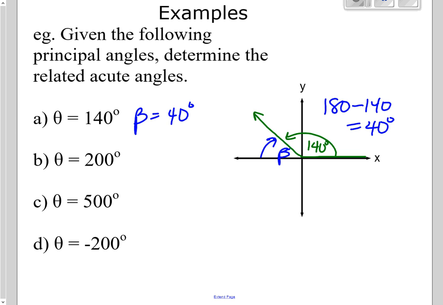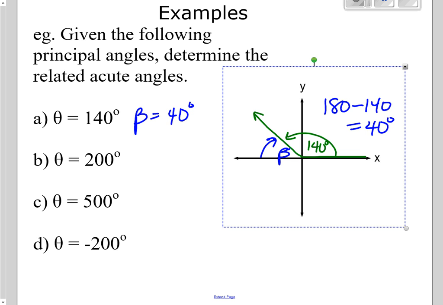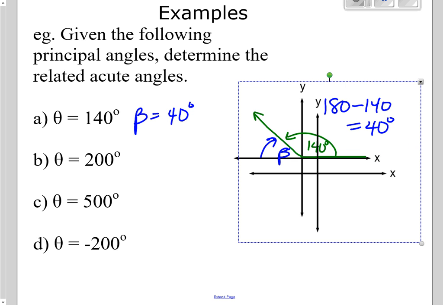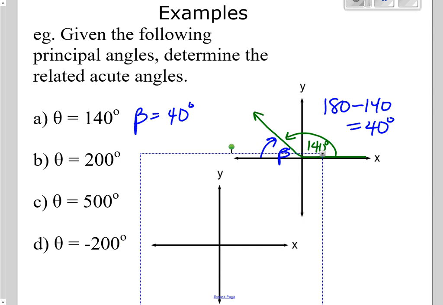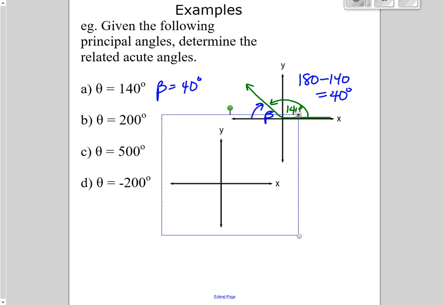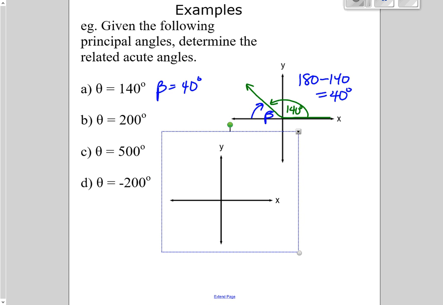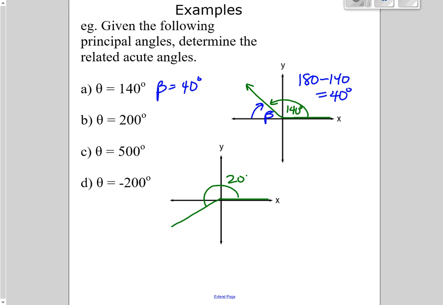Okay, let's try now. What if theta equaled 200? So I'm just going to create another grid. Okay, so what if it's 200? So 200, again, we start on the positive x-axis. I go all the way over here. I'm at 180. I need to go just a little bit further, and we end up here. So that's 200 degrees. So the angle I'm looking for is right there.